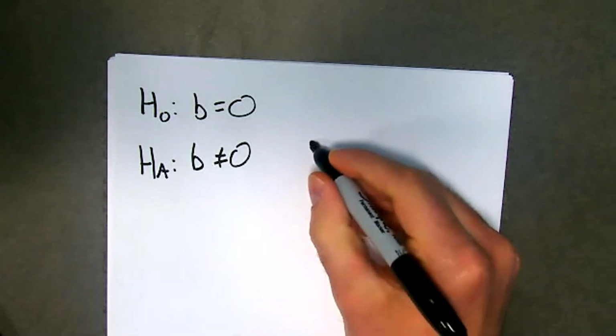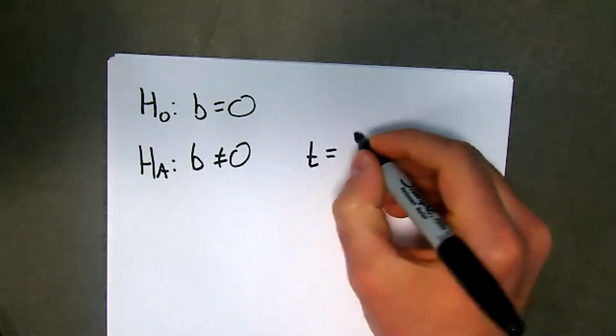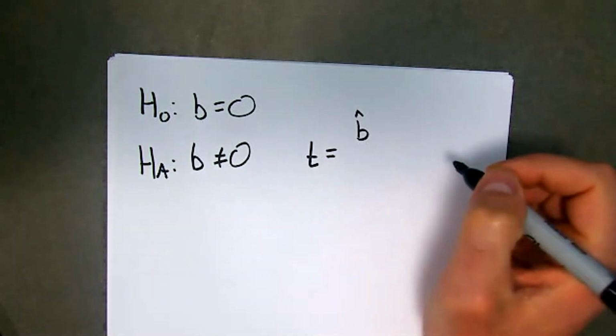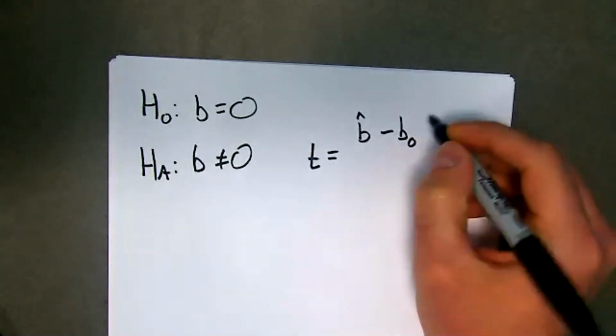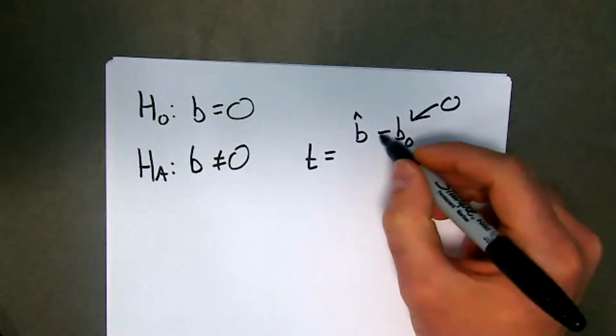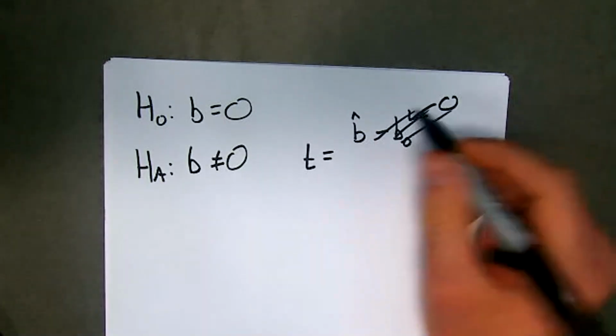If we're calculating things like test statistics, we're just going to take the slope coefficient estimate that we see, subtract the assumed true value, but this is always 0, so we can almost ignore that, right? We're always going to be using 0 here.